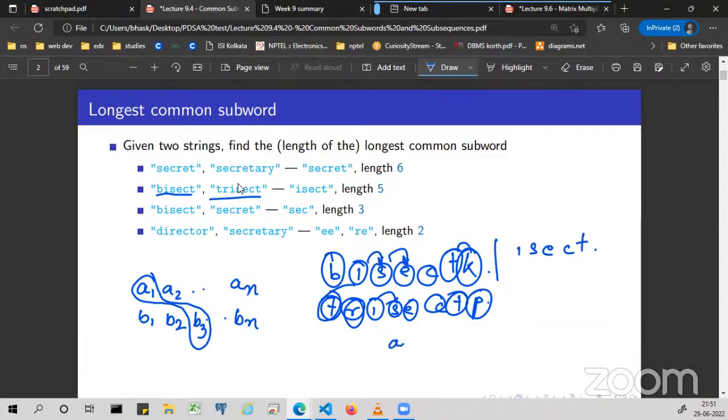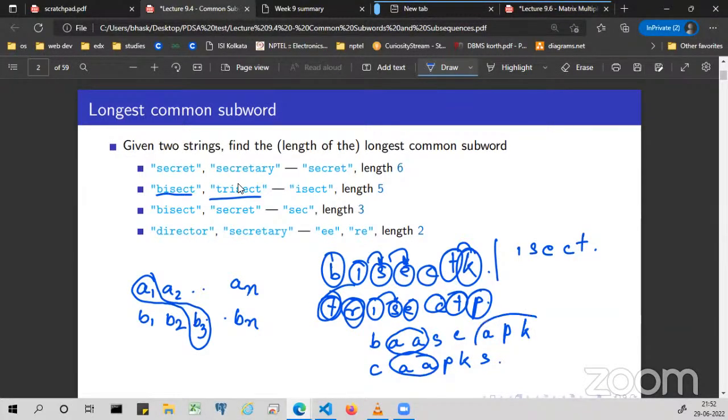So let's see if I have something like BAAS, and then I have C, then suppose I have APK, and here I have, let's say, CAA PKS, something like this. You see AA is a subword.